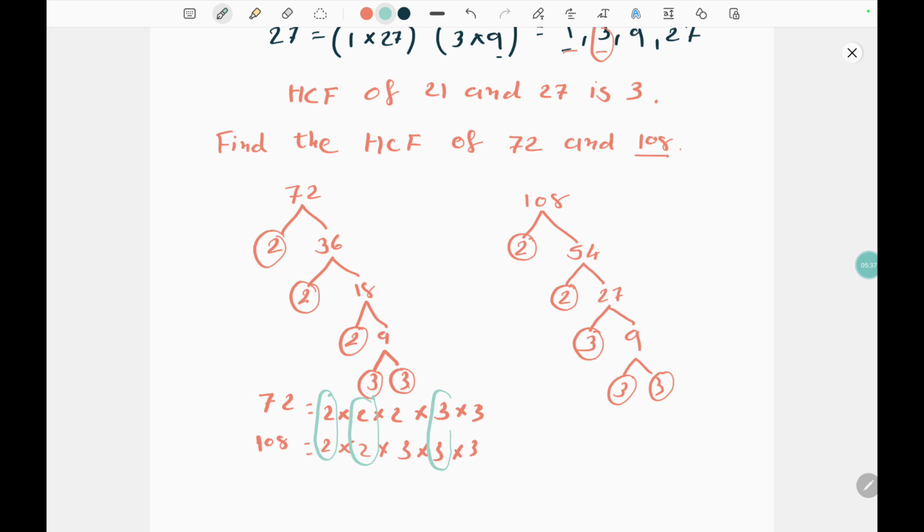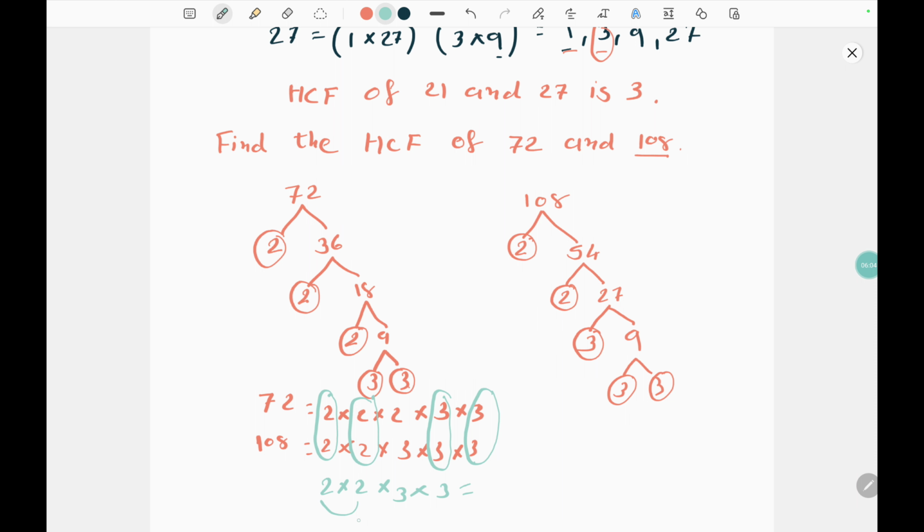Okay, 3 is a common factor pair, another one more pair is common, but this third 3 is not, because 72 has only two 3s. So we take the two 3s from 108, and the common numbers we got, I will multiply them. So 2 times 2 times this 3 times this 3. Now we are multiplying, and that will give us the highest common factor.